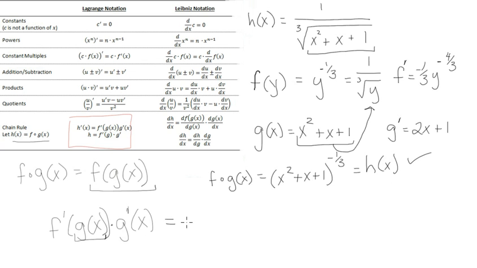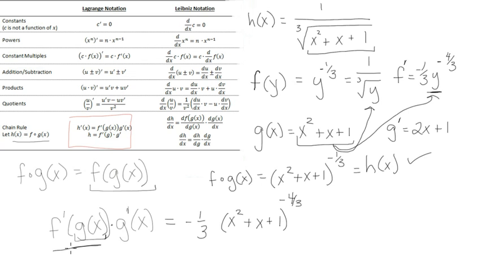So I take first the derivative of f, and I'm plugging in g of x for y. I have here the derivative of f of y was negative 1/3 y to the negative 4/3. So I'm going to substitute in my x squared plus x plus 1 raised to the negative 4/3 power.